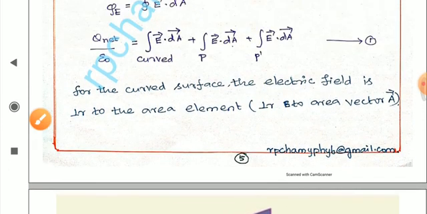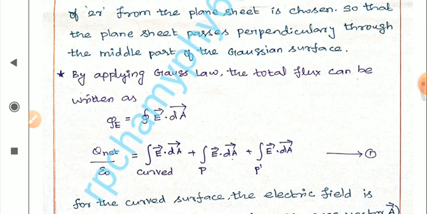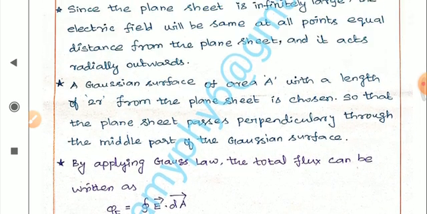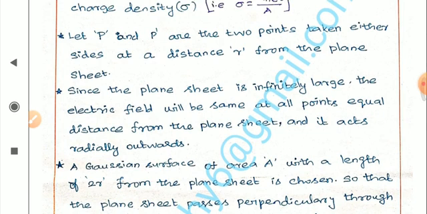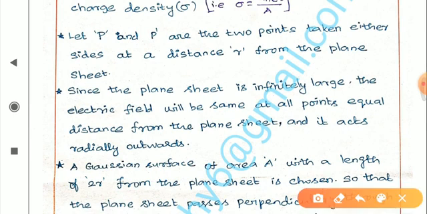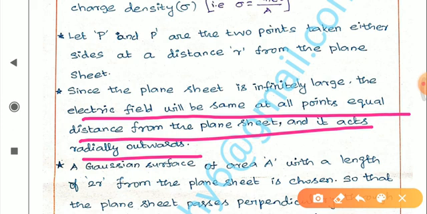Okay, right, the same thing I have given here by applying the Gauss law. Before that I have explained the description where we are taking the points P and P dash, the 2 points taken on either side at a distance of r from the plane sheet. Since the plane sheet is infinitely charged, the electric field will be the same at all points at equal distance from the plane sheet, and it acts radially outwards.